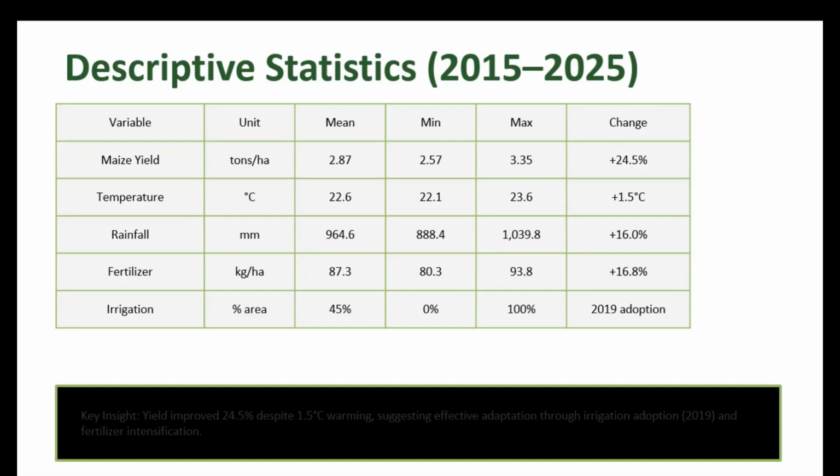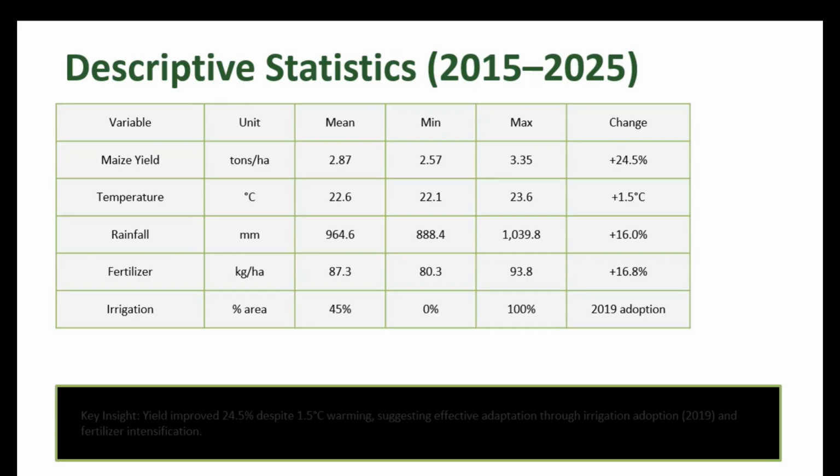How many kilograms are we using for the fertilizer, on average, from this table? 87.